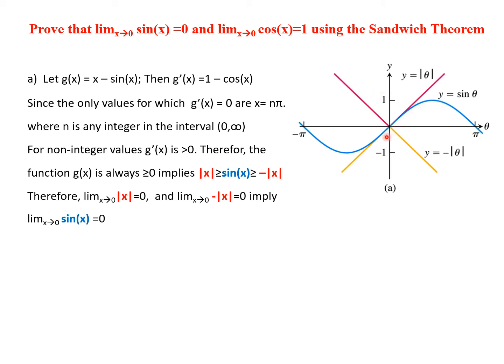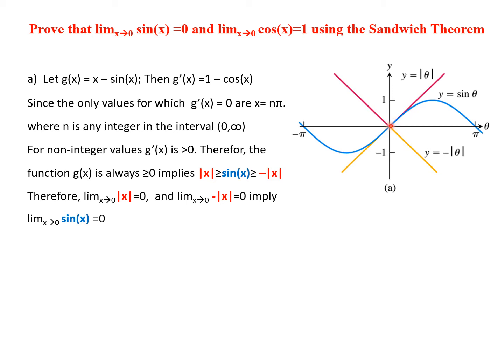And if we take a look at the graph of y equals the negative of the absolute value of theta, we will also see that all its values are less than the values of y equals sine theta. The only point where the three values are all equal is at 0.